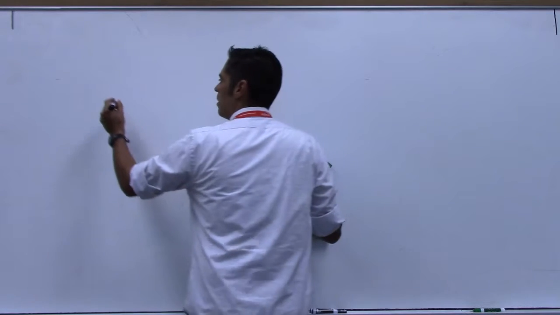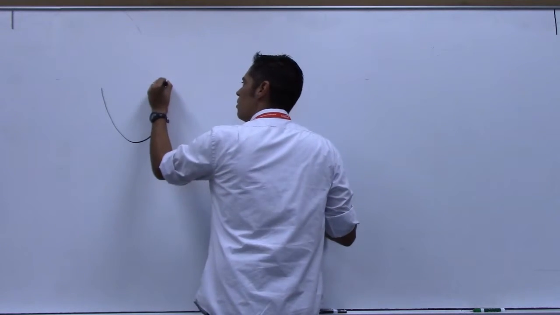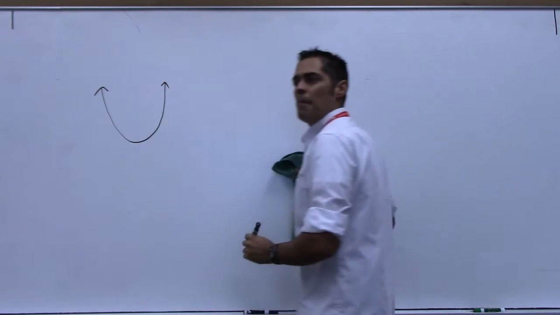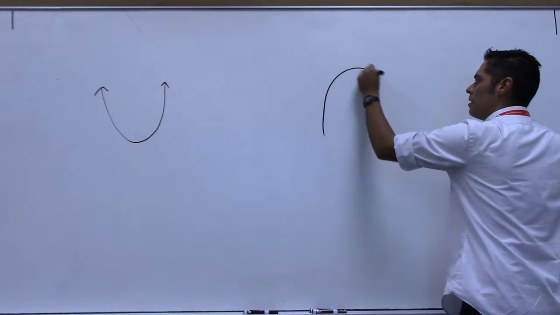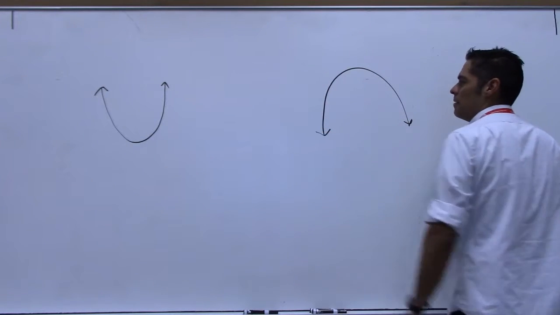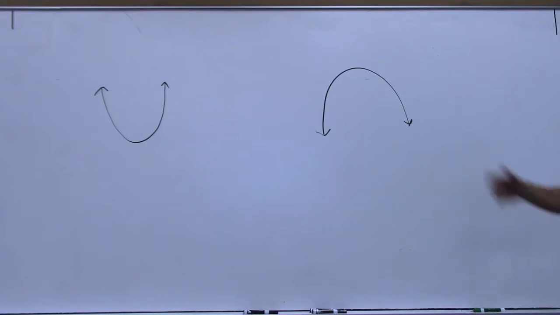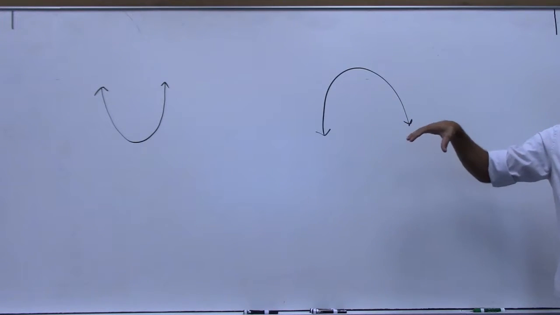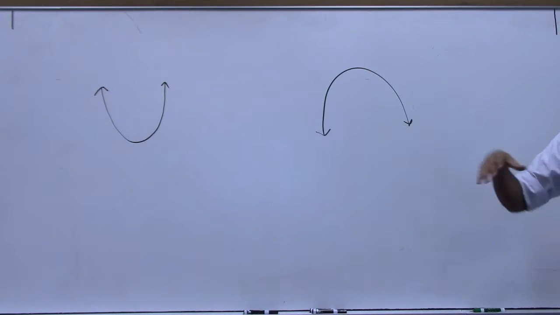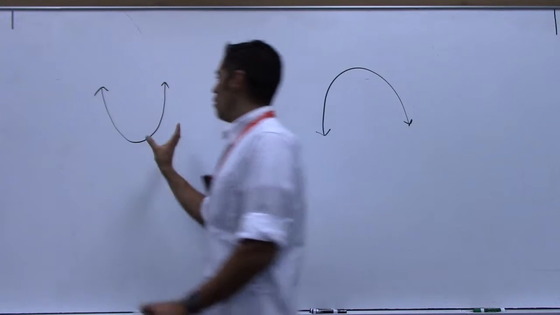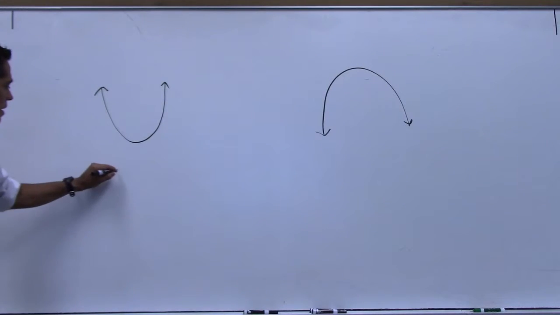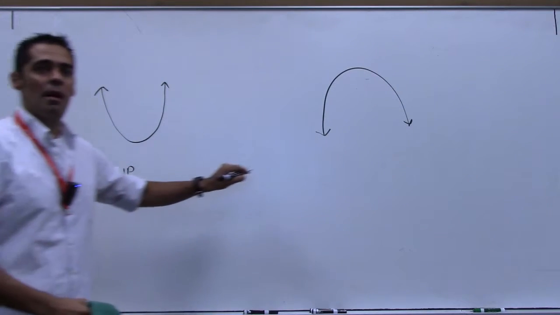And normally we say it's like a U that goes like this, right? Or it might be a U that goes like this. Then it's not a U anymore, but that's a flipped over U, right? So the parabolas we're going to study are going to be parabolas that we say open up. This would be a parabola that opens up. This would be a parabola that opens down.